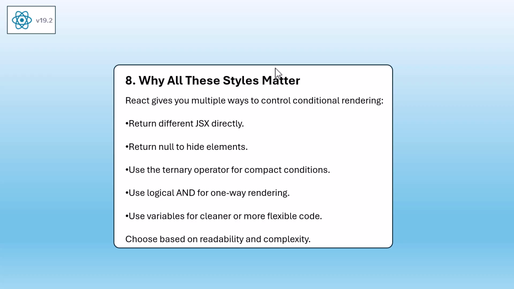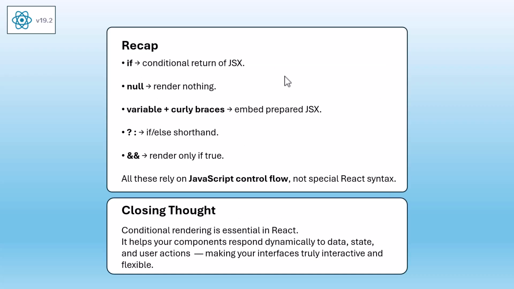Using the logical AND operator for rendering something only when a condition is true. And using variables to store and later render conditional JSX. Each of these techniques can be useful in different situations. The more you practice, the more natural it becomes to choose the one that best fits your component's logic and complexity.